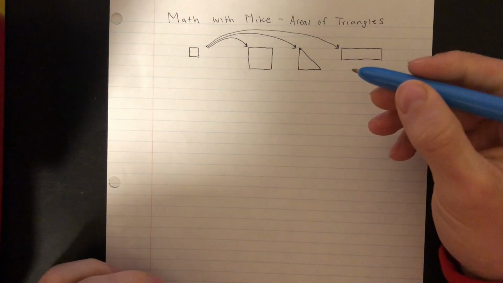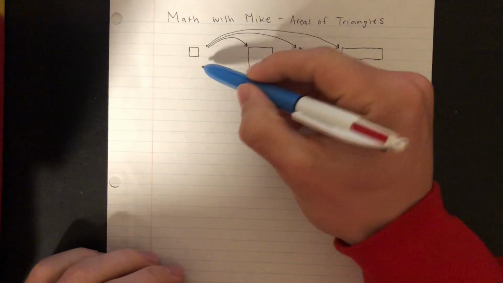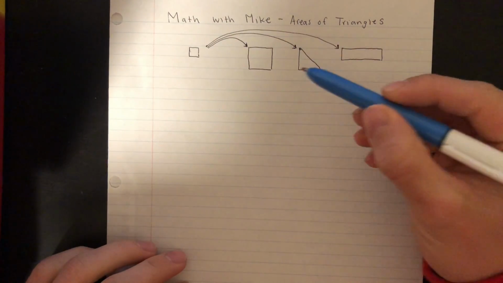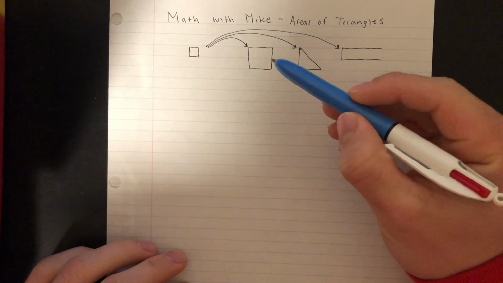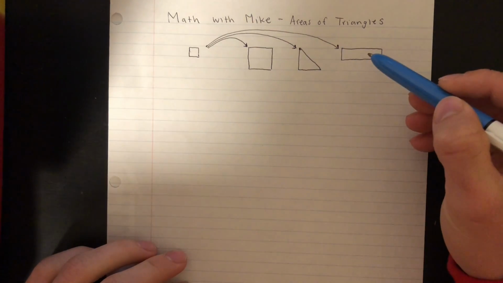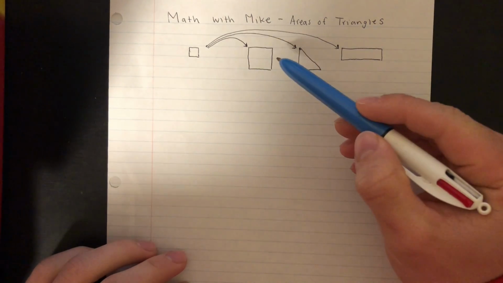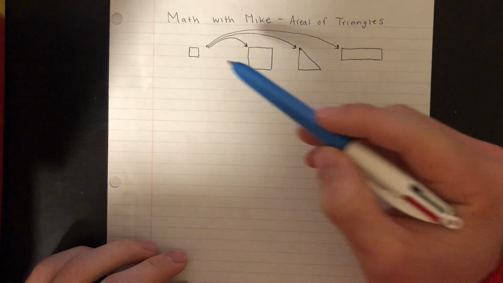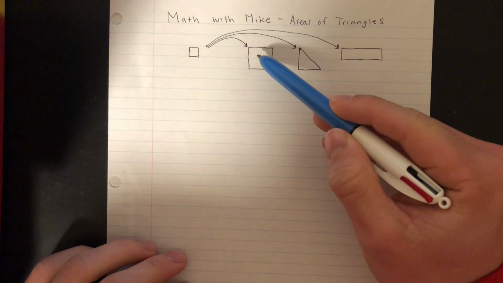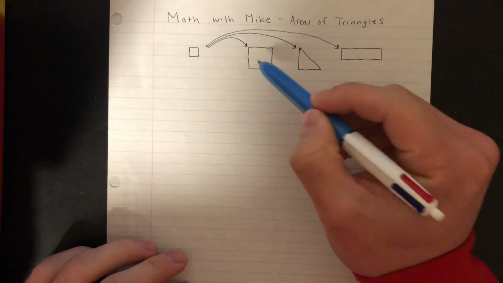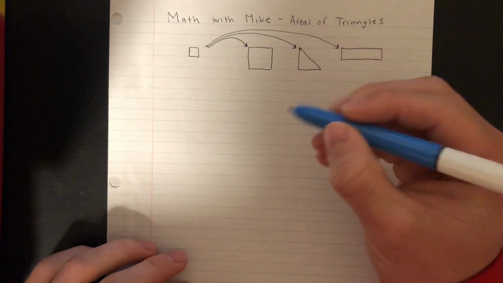Now, let's get into the basics of area now that we got your brain warmed up. You can think of area as how many square units you can fit into a larger area, whether it's a square, a triangle, or a rectangle. So, in order to find the area of a particular shape, all we have to do is count how many little squares can fit into a bigger shape. Let's take this big square for example.